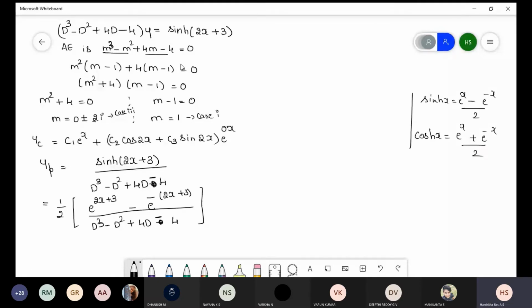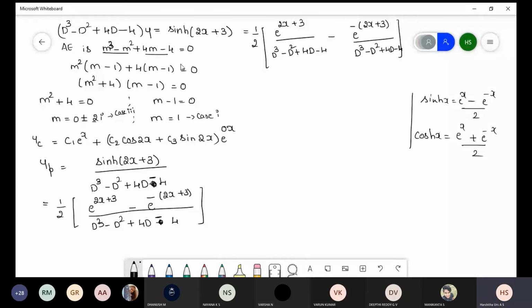Now in the first one I write 1 by 2, and I split: e power 2x plus 3 divided by D cube minus D square plus 4D minus 4, again minus e power minus of 2x plus 3 divided by D cube minus D square plus 4D minus 4.